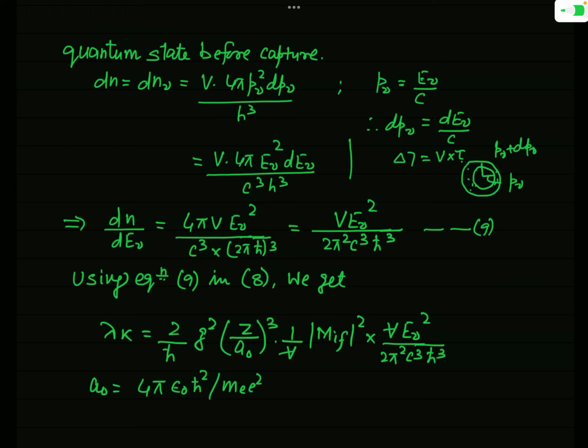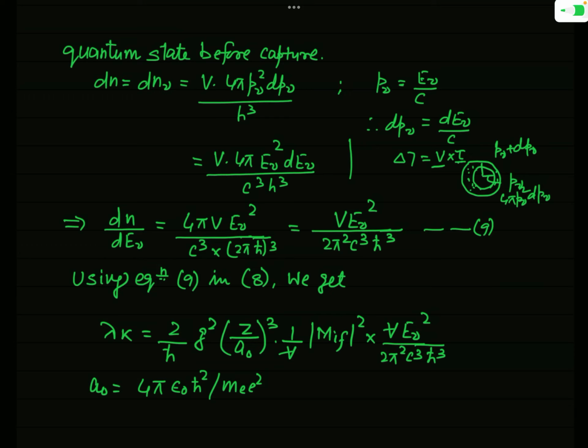So the volume in phase space is equal to the volume in geometrical or configuration space times the volume in momentum space. And what will be this volume? You can see this volume is simply equal to 4 pi P nu square dP nu.